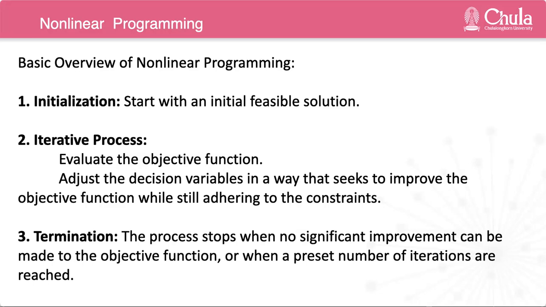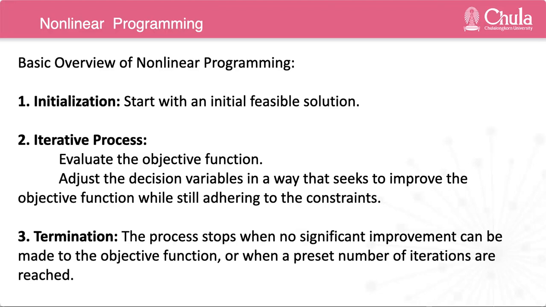For example, if you start from any feasible solution and evaluate the objective function at that point, then you find the direction where your aim is to improve the objective function. If you want to maximize it, you find a new point where the objective function increases.